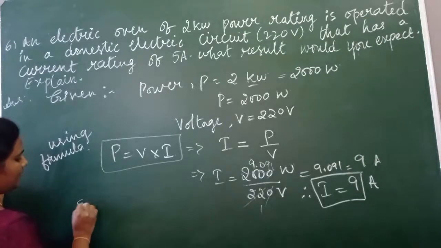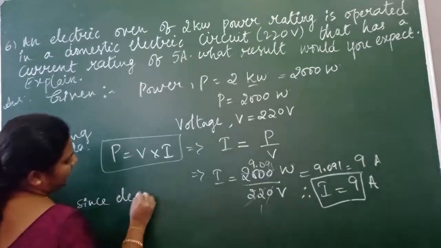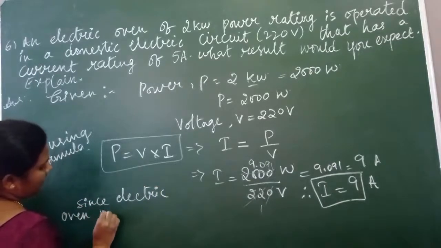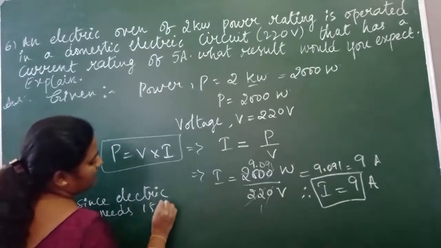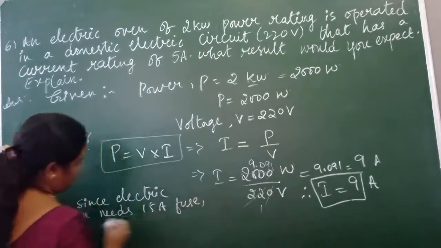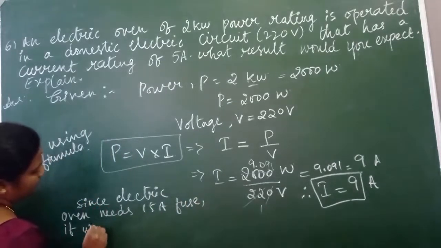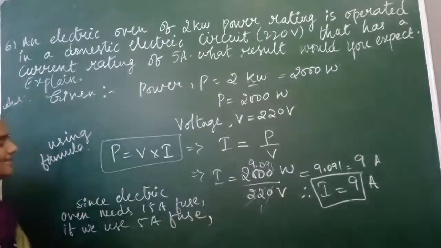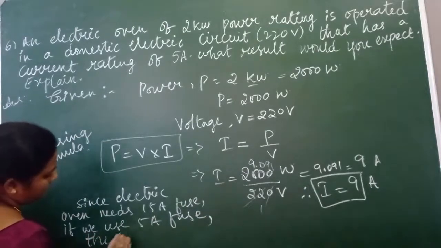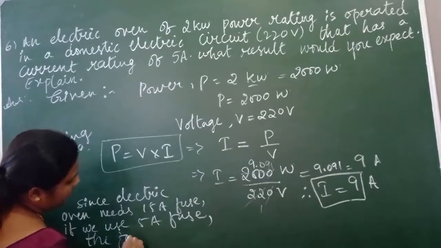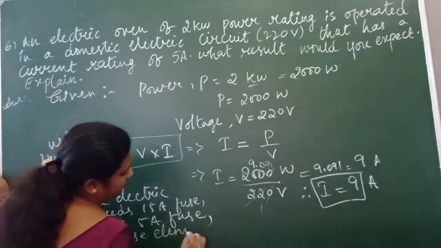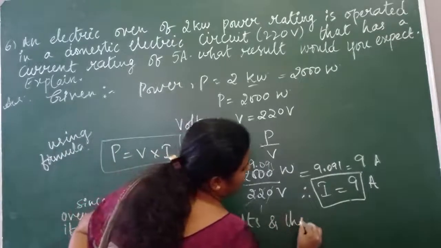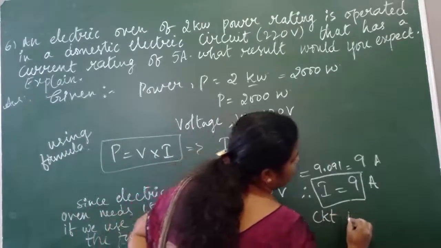This is the explanation, isn't it? Since the electric oven needs a 15 amperes fuse, suppose if we use a 5 amperes fuse, the fuse element first melts and the circuit becomes open.